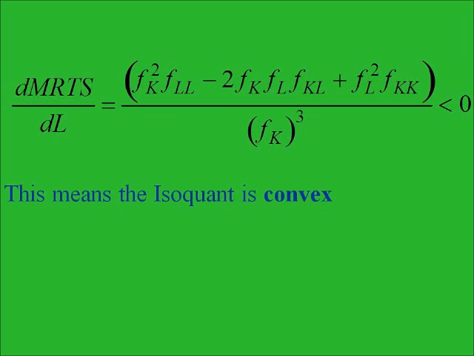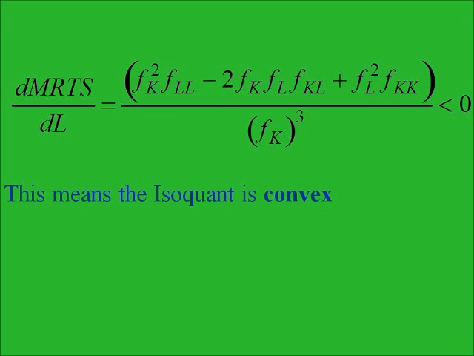In the numerator, the first element, I get f of k squared, which is positive, multiplied by f of ll. Now that's a second derivative, and by assumption that's negative, so the first element is negative. The second element, I have negative 2 times f of k, which is positive, f of l, which is positive, and f of kl, which is positive. Since I have the negative sign in front of it, the second element is negative, therefore.